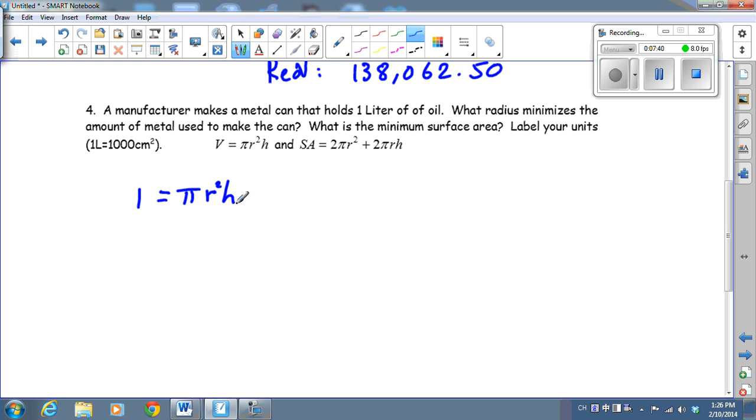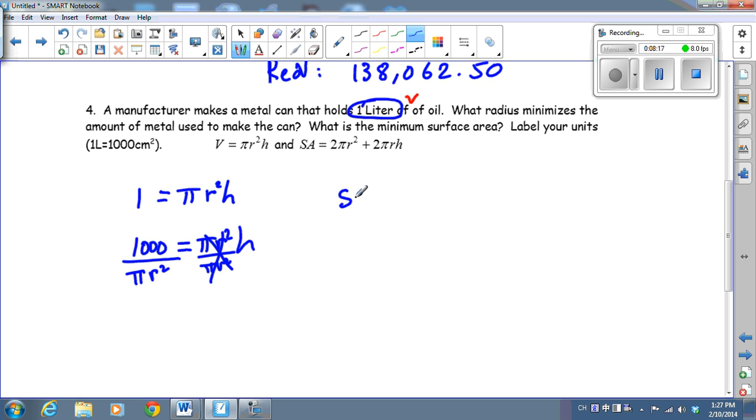The next thing I will do is solve for h. By the way, this is 1 liter, so that means it's 1,000 centimeters cubed. This is my volume. So I will say 1,000 is equal to pi r squared h. To solve for h, divide both sides by pi r squared, and I have the value of h here.